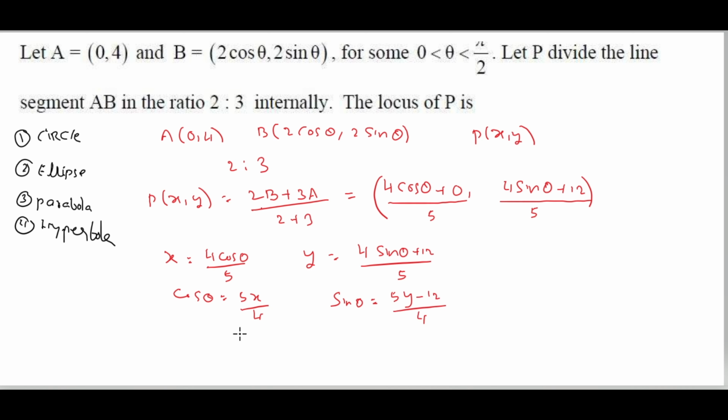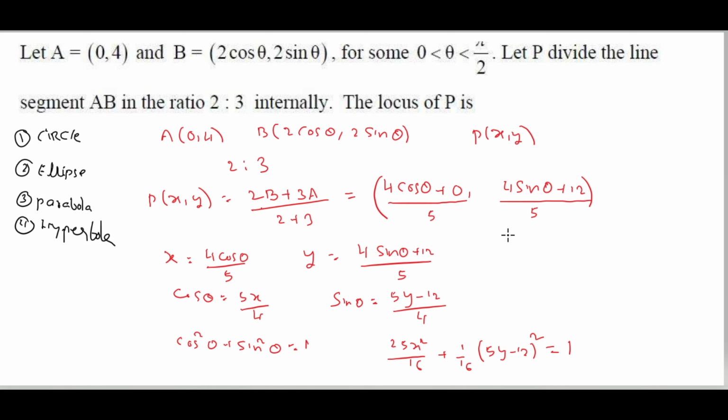We know the formula. Here is cos theta and sin theta, that is cos square theta plus sin square theta is equal to 1. Cos square theta value is 25 x square by 16 plus sin square theta, 1 by 16 into (5y minus 12) whole square is equal to 1.